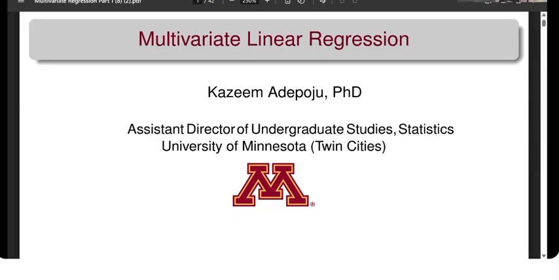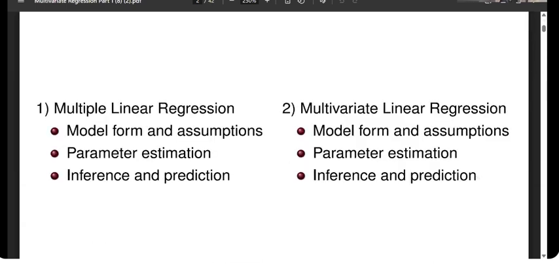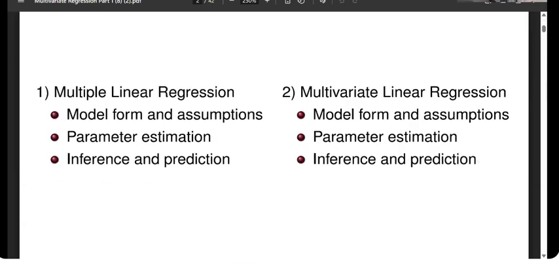So this week, our focus is going to be on multivariate linear regression. Of course, I'm actually going to cover multiple linear regression. When I say multiple linear regression, we are trying to investigate relationships among variables, and we only have one outcome variable.